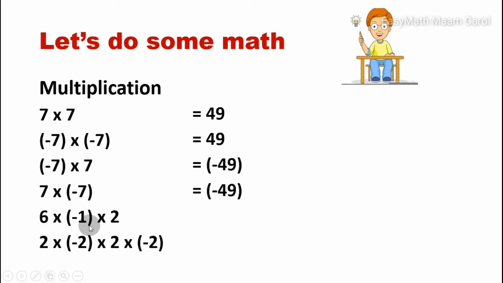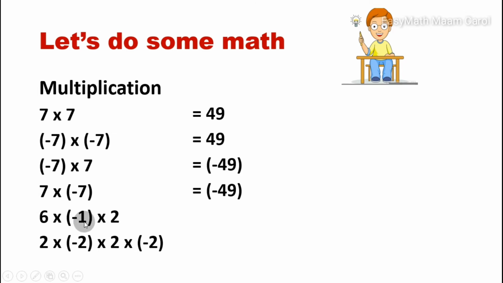Okay. Now, ito. The reason why I have this is para i-emphasize ko yung pagbibilang ng mga negative signs doon sa mga factors. Okay. So, una, we have to multiply first yung mga absolute values. Huwag muna natin pansinin yung signs. So, we have 6 multiplied with 1.